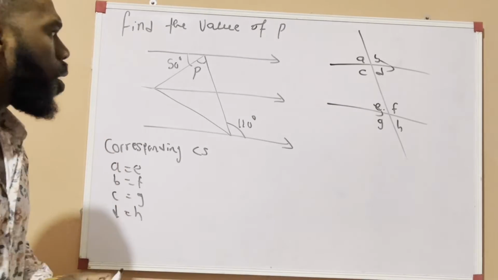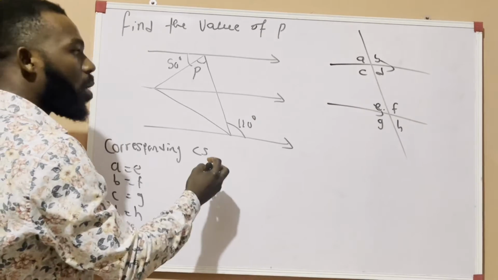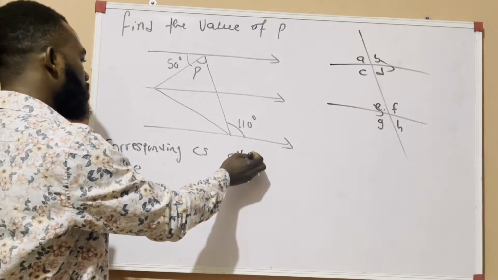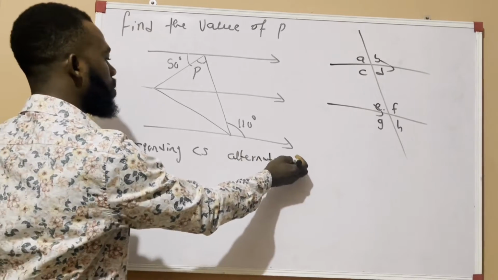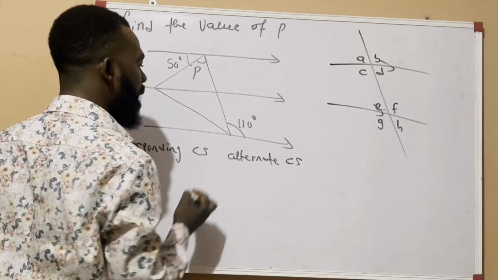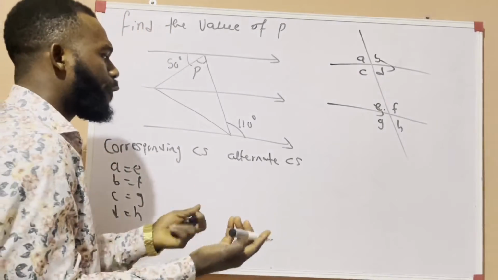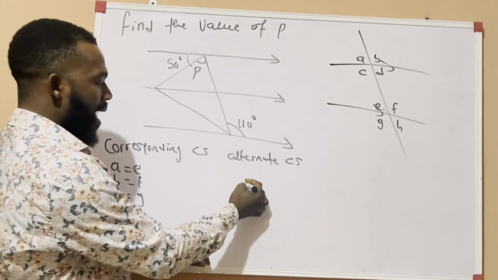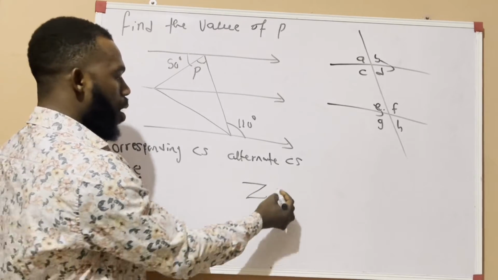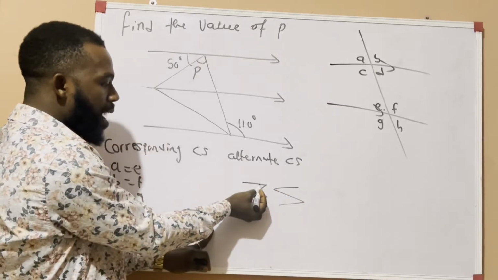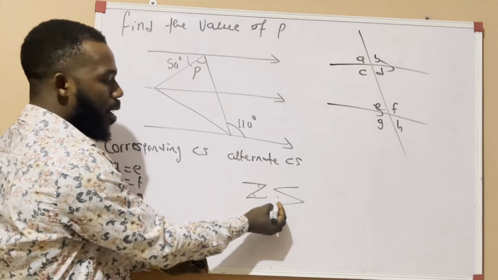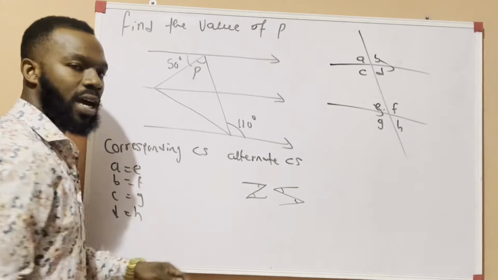Now, another angle formed again is called alternate angles. Alternate angles. Now, how do you know alternate angles? Alternate angles are formed using the shape like a Z or in this form. The angle here is equal to the angle here, or the angle here is equal to the angle here.